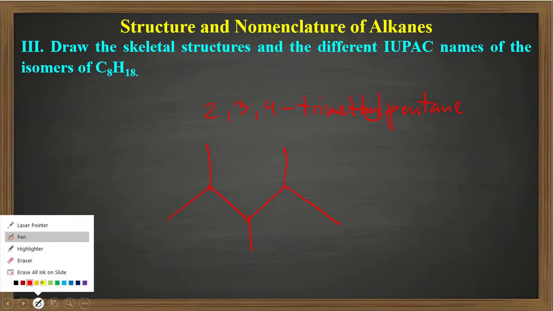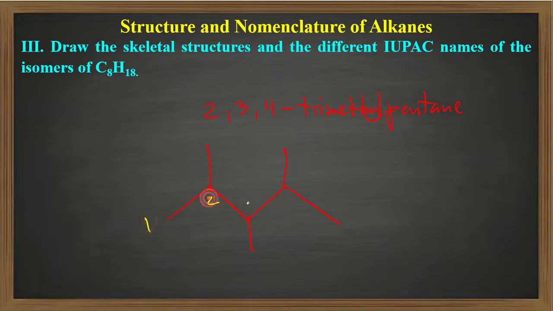Regardless, yung asa imong carbon number 1, ang mga methyl will be in carbon 2, 3, and 4 lang gihapon. So those are the isomers of C8H18. In total, we have 15 isomers.